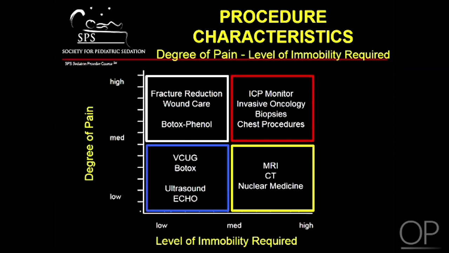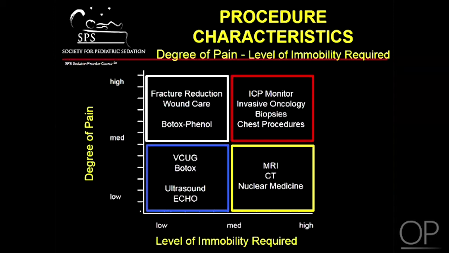In the lower right-hand corner are procedures that require high levels of immobility but have minimal to no discomfort. MRIs account for the bulk of these procedures, but also CT scans and nuclear medicine scans are examples as well. Moderate to deep sedation is often required, and the child may need to be asleep. Finally, procedures in the upper right-hand corner are procedures with high levels of pain and requirement for high levels of immobility.